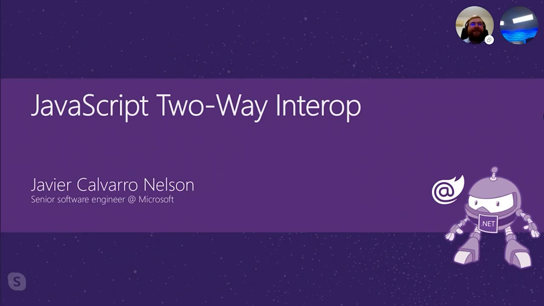So my goal here in this talk is to show you how to interop with code running on the browser and how to solve most of the common problems when doing JS interop. I'm hoping that at the end of this talk, you get a good grasp on how to use JavaScript interop and you can be successful at it.